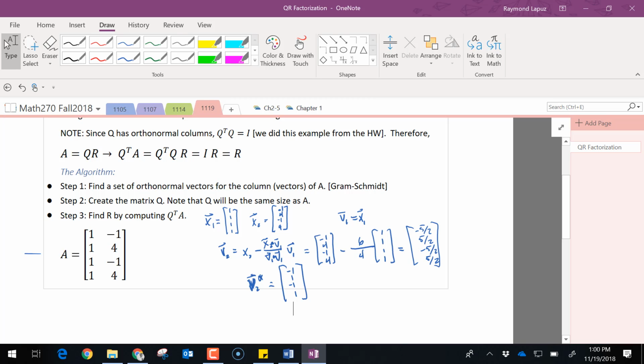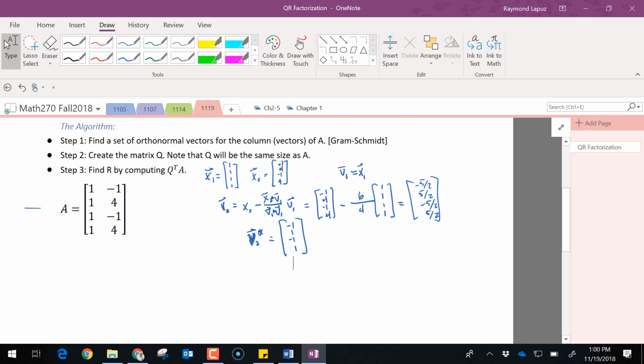Okay, so if you need to go farther with this. So I think that's it. And then now we want to make it into a unit vector. So we need to divide by the magnitude, which is the square root of it with itself. So it'll be 1/2.